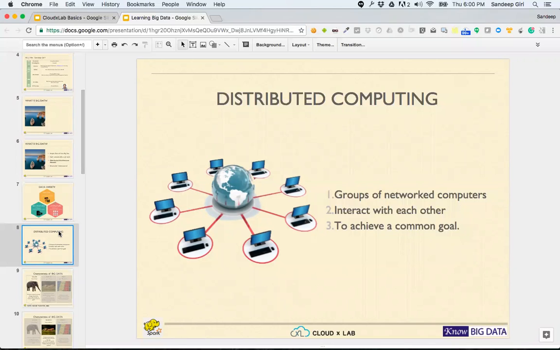All of these are essentially helping us convert our problem into a distributed problem, meaning these tools are helping us solve our big data problems. Now, these tools might have limitations, but distributed computing does not enforce any limitation on number of nodes.